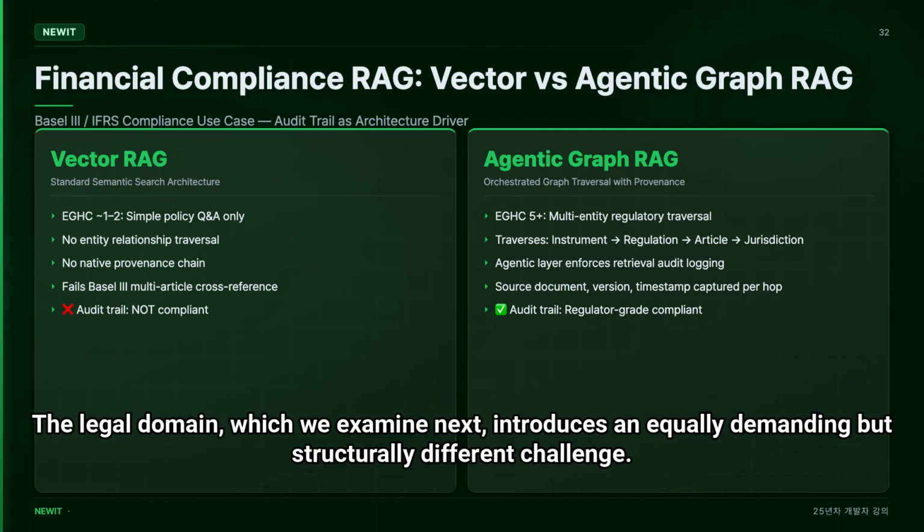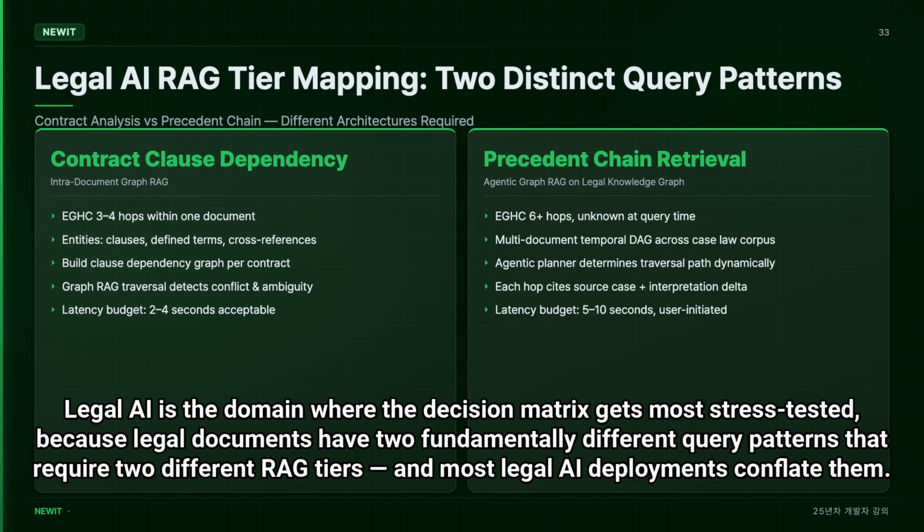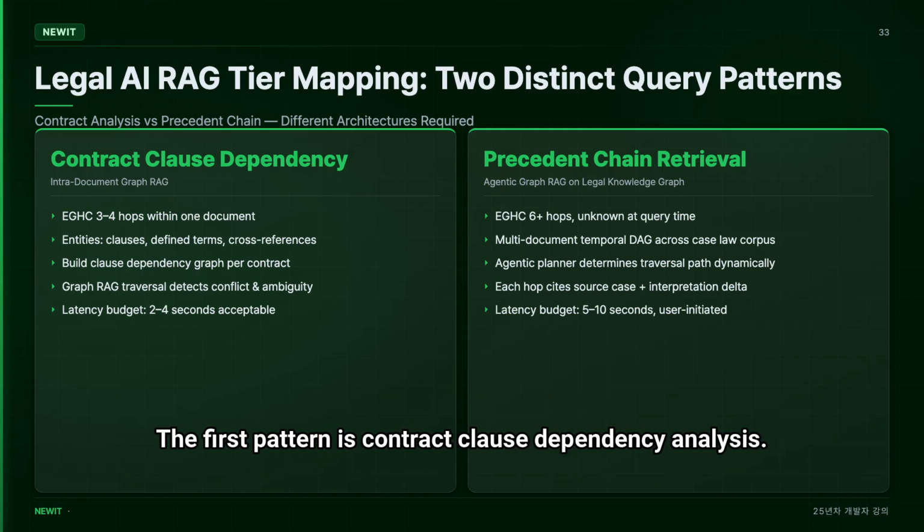The legal domain, which we examine next, introduces an equally demanding but structurally different challenge. Legal AI is the domain where the decision matrix gets most stress tested, because legal documents have 2 fundamentally different query patterns that require 2 different RAG tiers, and most legal AI deployments conflate them. The first pattern is contract clause dependency analysis.